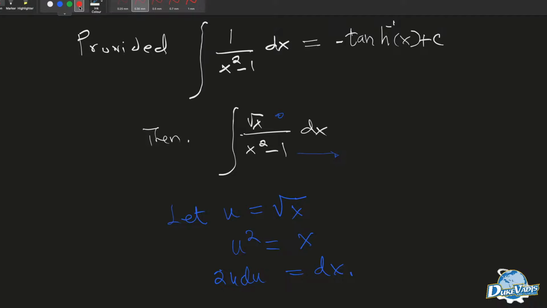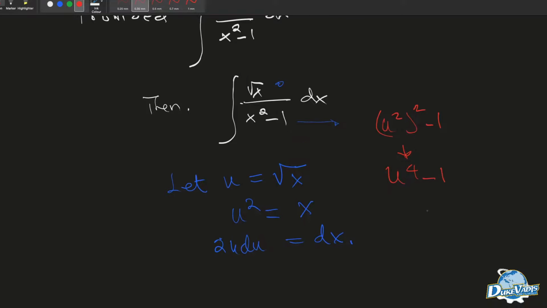When we substitute this, we get u squared all squared minus 1, which gives us u raised to the power 4 minus 1. We can also write this as u squared minus 1 times u squared plus 1. Agreed?